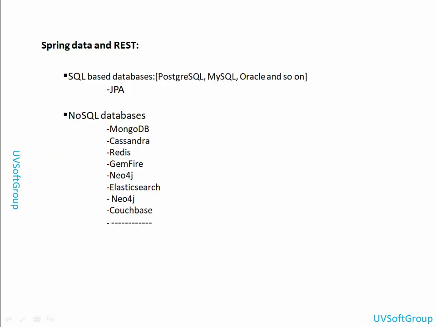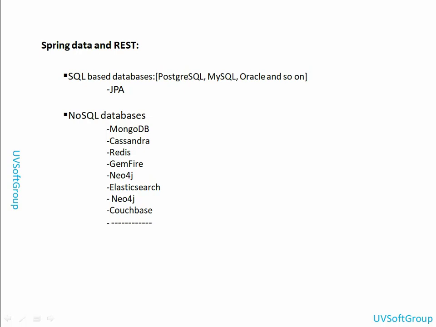So here is our theoretical idea, Spring Data and Spring REST. You see the SQL based databases like JPA, so Postgres here, MySQL, Oracle, and so on, or DB2. This is the JPA specification, and you can also use JPA to implement your microservices or your web APIs based on this technology.